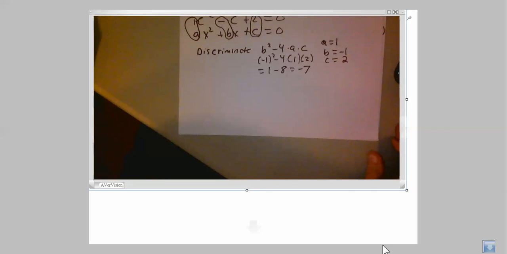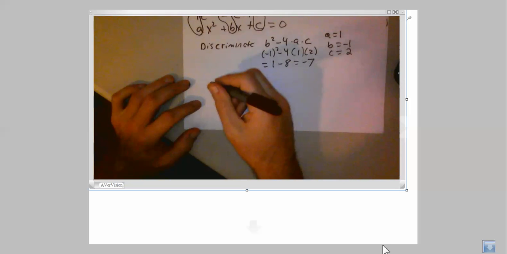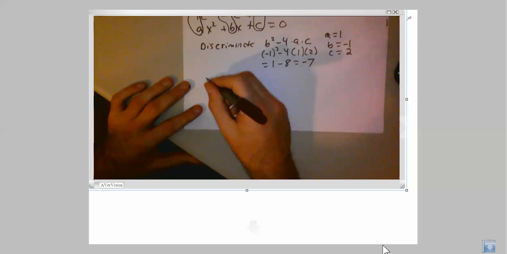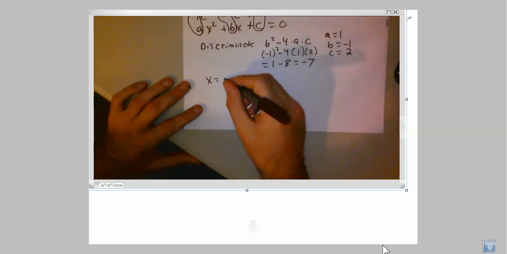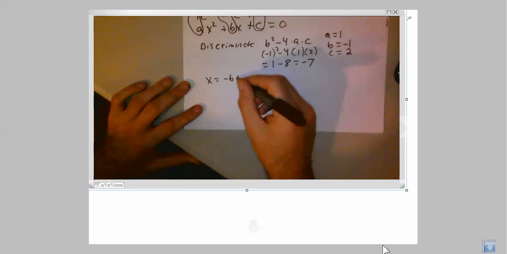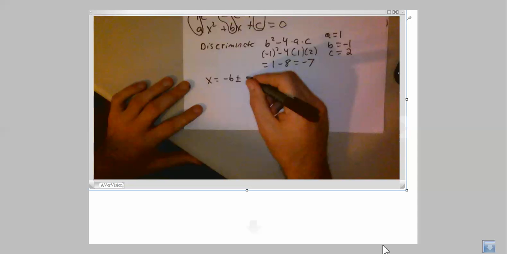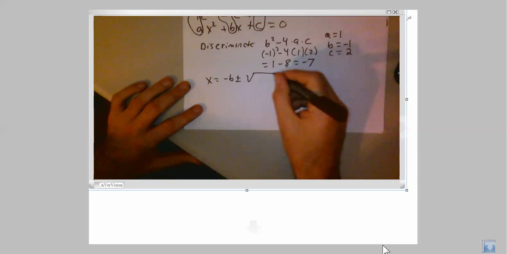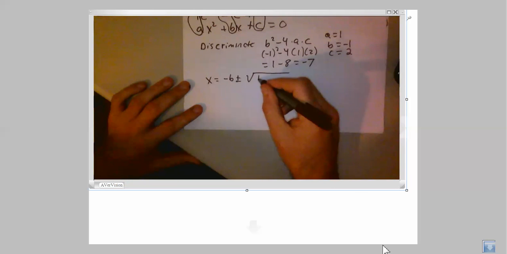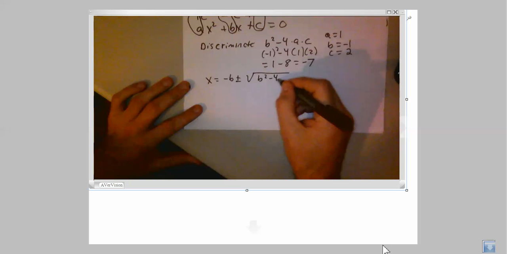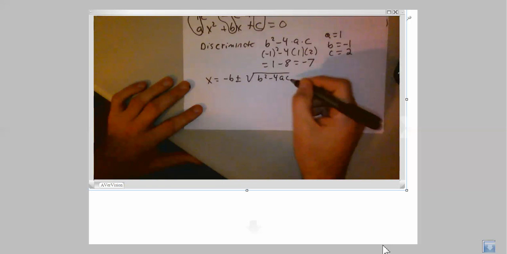Okay? So using the quadratic formula, x is equal to negative b plus or minus, because we're going to have two solutions, one plus and one minus, the square root of the discriminant, which we already know is negative 7, which is b squared minus 4ac, all over 2 times a. So I'm just going to fill everything in.